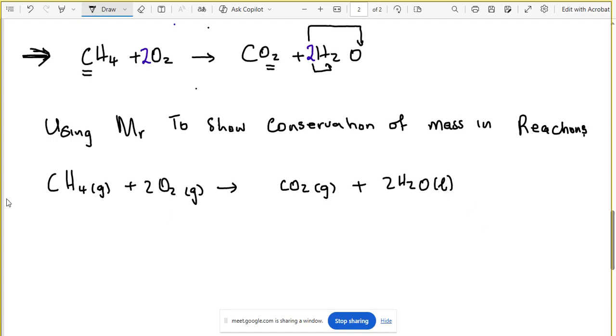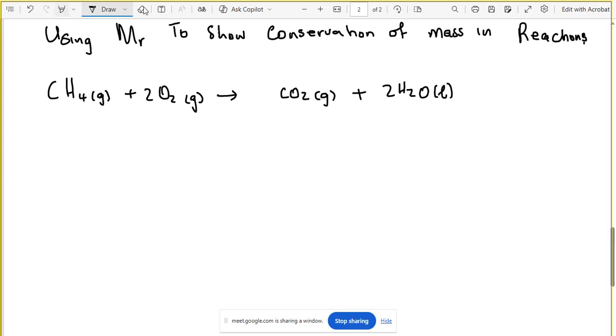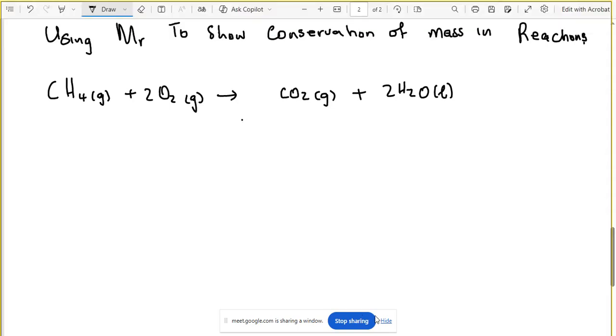So please listen. We're going to use the molar mass to show the conservation of mass in a reaction. Do you know what a molar mass is? No. Okay, let's use the molar mass and you'll understand what it is in a second.